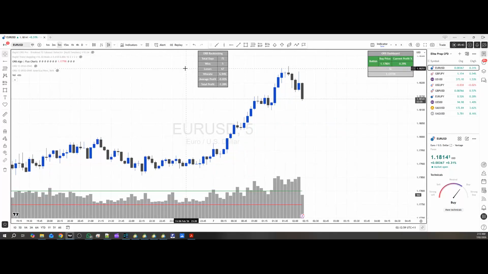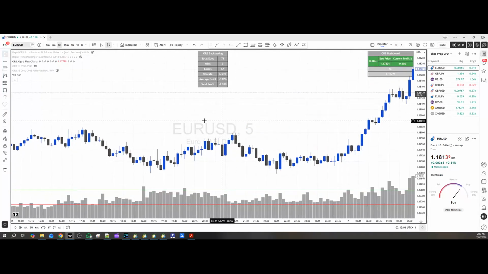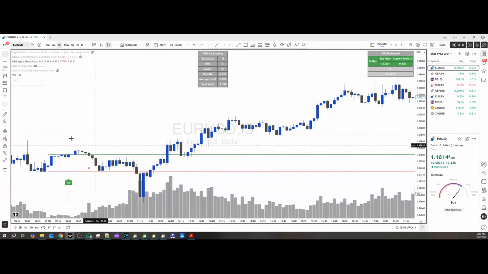First of all, it is hard coded on the New York session, so it's 9 o'clock in the morning, but I'm on Sydney +11. I'm in Sydney, and it's just a breakout.